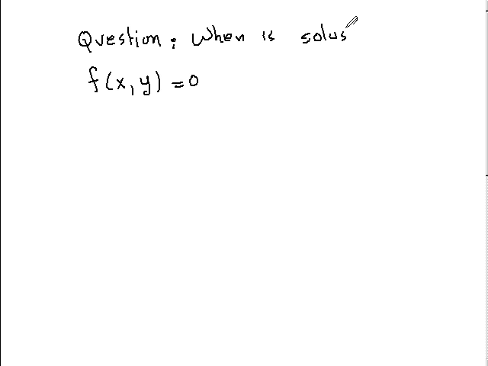If you're given a function of, say, two variables, x and y, and you want to solve f of x, y equals 0, when does the solution give y as a function g of x?